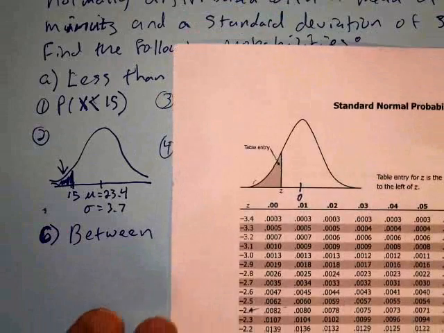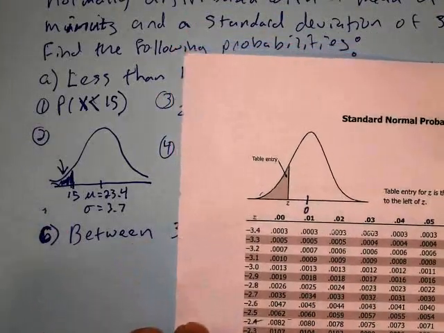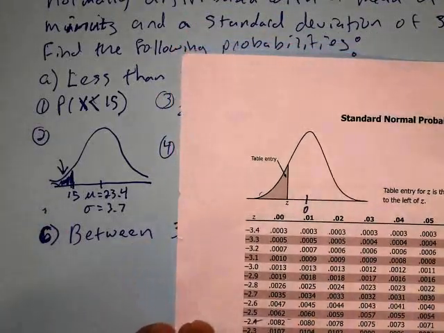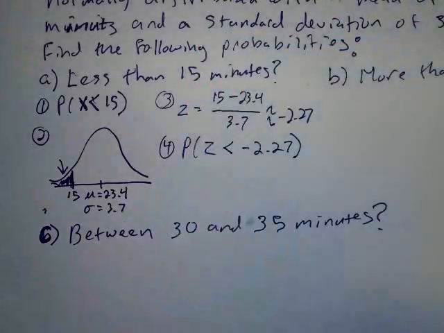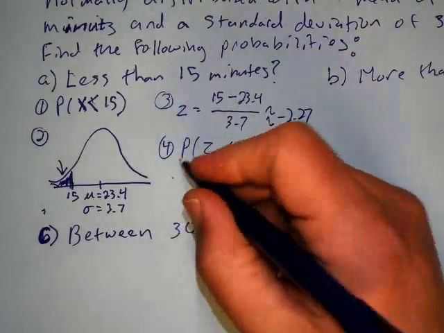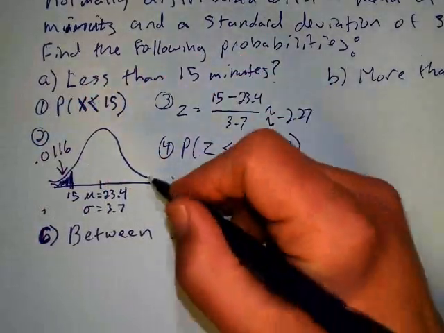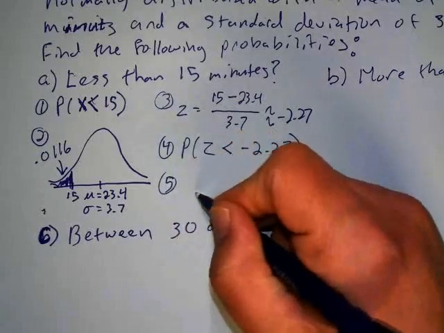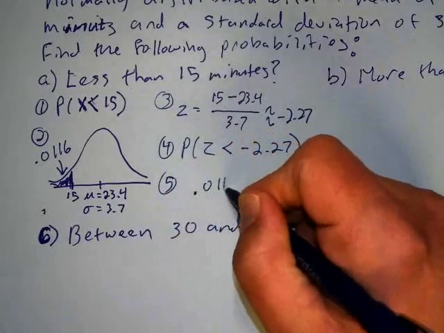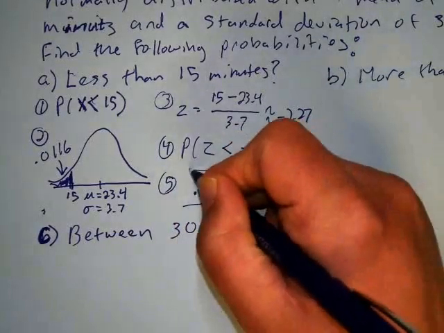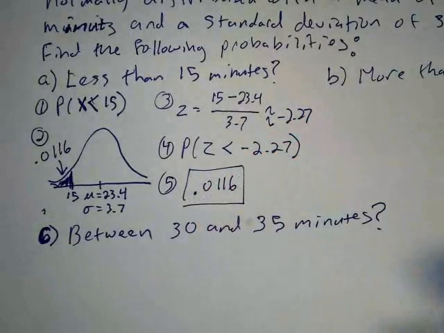So I look up negative 2.27 way over here, and what I get is 0.0116. So this is 0.0116, and that's the answer to my problem. That's the 5th step. The 5th step is finding the Z-score probability.